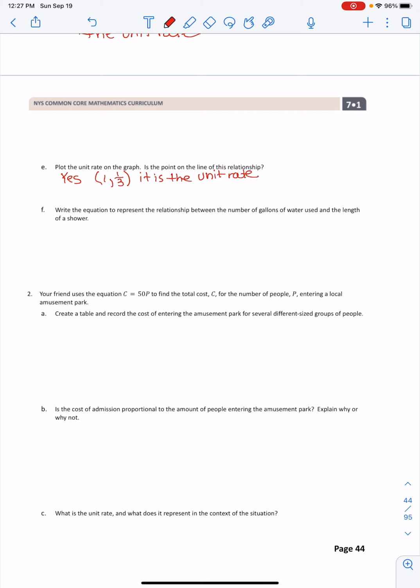So now it says write the equation to represent the relationship between the number of gallons of water used and the length of the shower. So it would be y equals 1/3 x, because 1/3 is our unit rate.